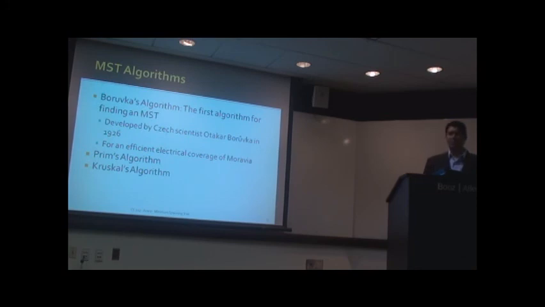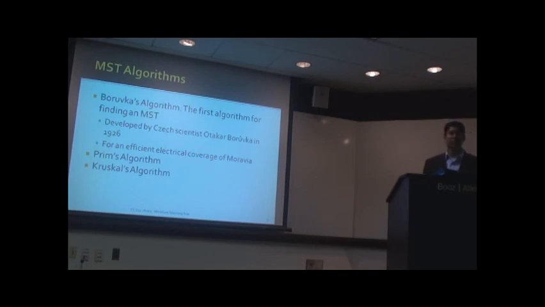But because the Czech Republic at that time was in the Eastern Bloc, this algorithm was not well known in the West at the time. And then it was rediscovered many times because it was a good algorithm, it made sense. The problem was very meaningful. It was rediscovered many times. So this was done in 1926.